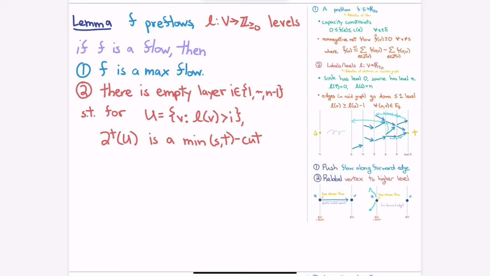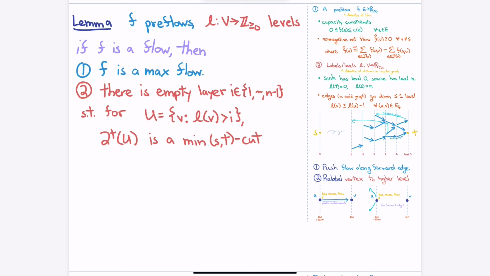And so there's two issues at play. Are you routing a lot of flow to T? And two, is it even feasible, right? Because you have all this extra flow at these intermediate vertices. I'm saying that once you get rid of the intermediate extra flow, the excess, it's already a max flow. Okay, so as soon as your preflow becomes a proper flow, it'll be a max flow. We'll prove that next time.